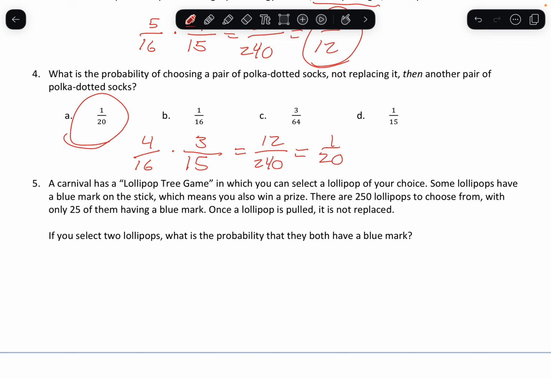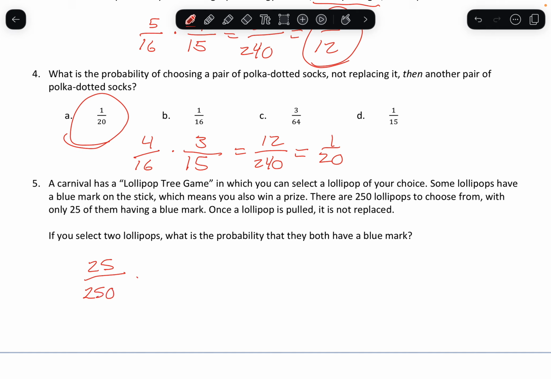All right, so here's what we're going to do on this one. The first thing is to think about the probability that they are blue and blue. The first one we pick, there are 25 of them that have a blue mark out of 250.